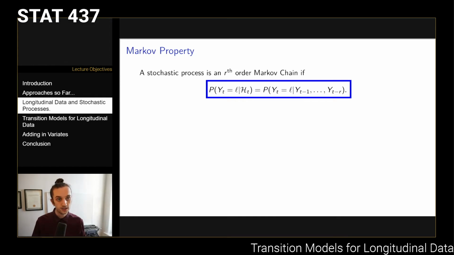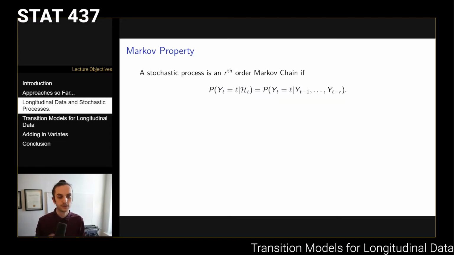So put differently, if you want to know the probability that we're healthy at time 10, and we're dealing with a third order Markov chain, instead of requiring all of the information from time 0 up to time 9, we only require the information at time 9, 8, and 7, because we said it was a third order Markov chain. And so the idea here is that we essentially just require a window of information, and then that window slides over time, and as long as we have that window available to us, we can make predictions. So it's a very useful property for simplifying things.